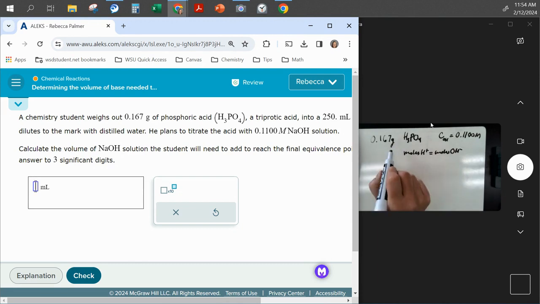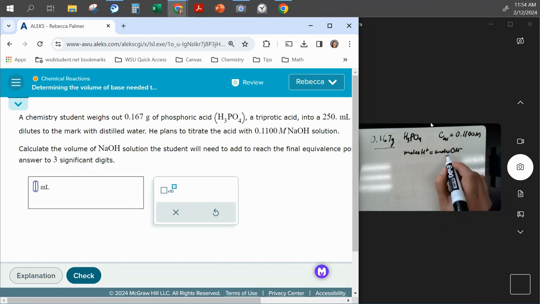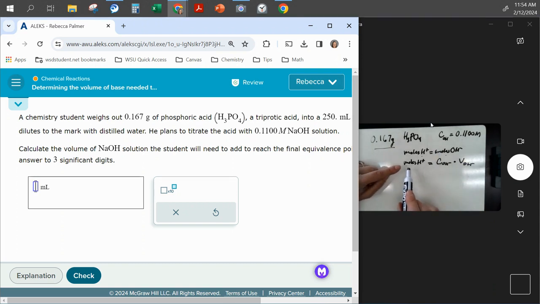So we can find the moles of acid from this volume. And then what we can do is we can switch this. So moles of H plus is equal to the concentration of hydroxide times the volume of hydroxide. Because remember, concentration times volume gives us moles. So when we added the same amount of acid as base, then we can relate these.